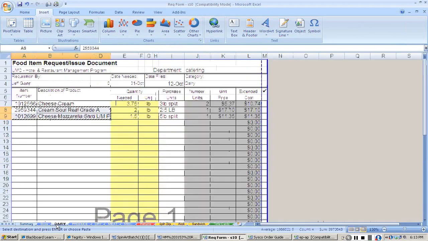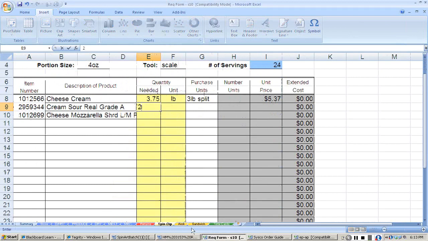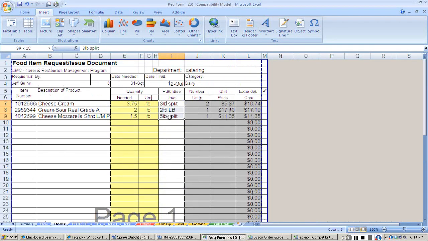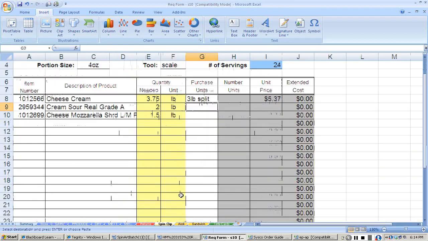Sour cream, I needed 2 pounds, 1.5 pounds. Purchased units. And prices.